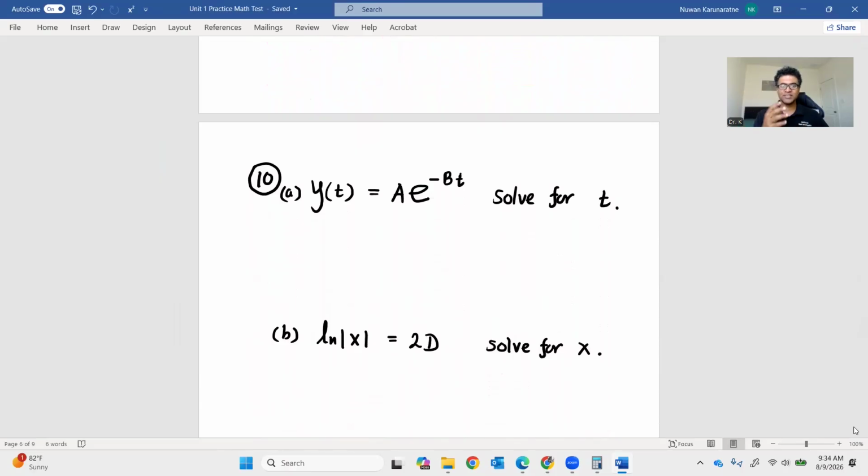So I need to first isolate that exponent term. So I'm going to divide everything by a. So just like that. And then this a cancels out. So I'll have e to the power minus bt is equal to y(t) divided by a. And then I'm going to take logarithms on both sides to get rid of the exponent, right?